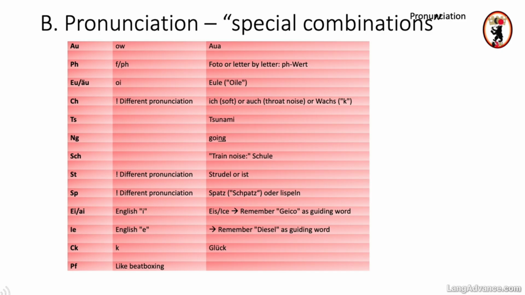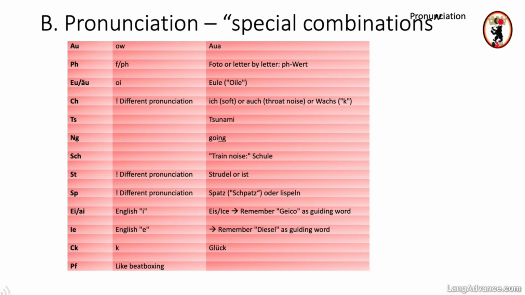Next, we have 2 combinations that are somewhat of a challenge for English speakers, but they don't have to be. There are some words in English where you use the correct quote-unquote pronunciation, i.e. the German pronunciation. First, we have EI or AI. Both are pronounced like the English letter I. Here, your guiding word can be Geico, since English uses the quote-unquote correct pronunciation.